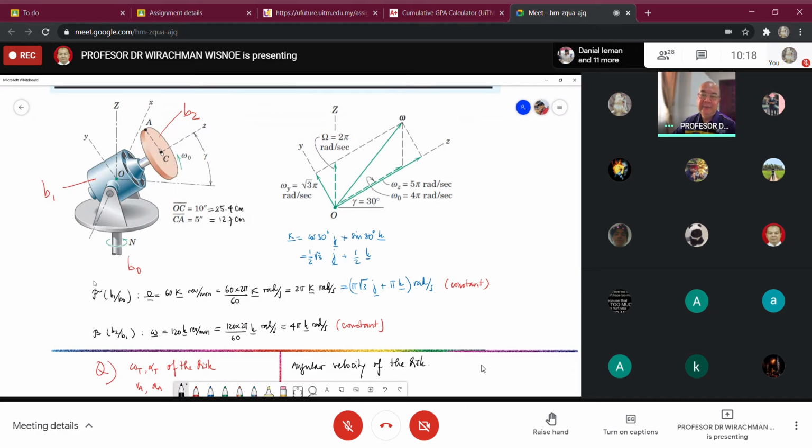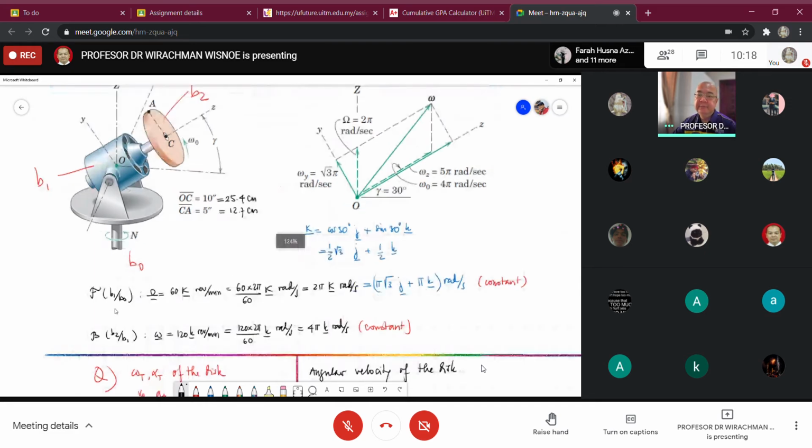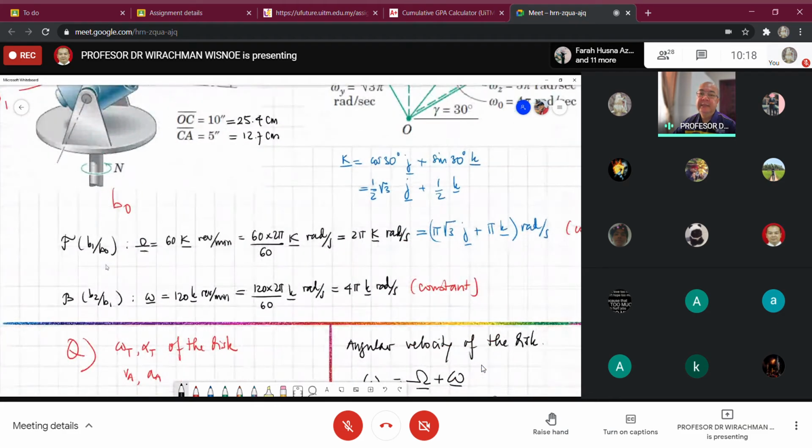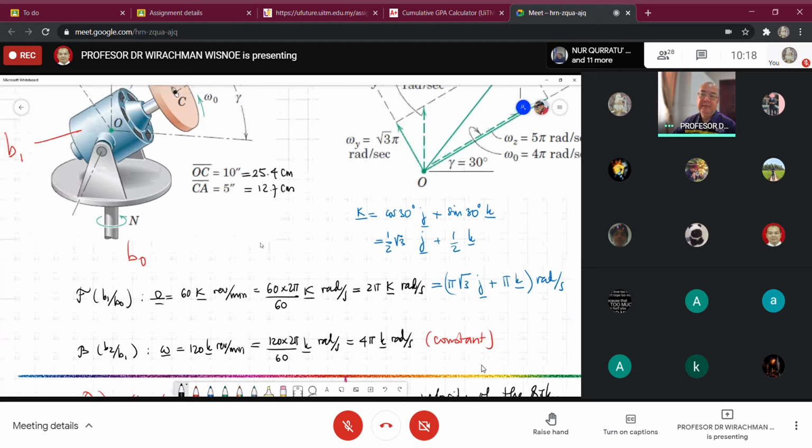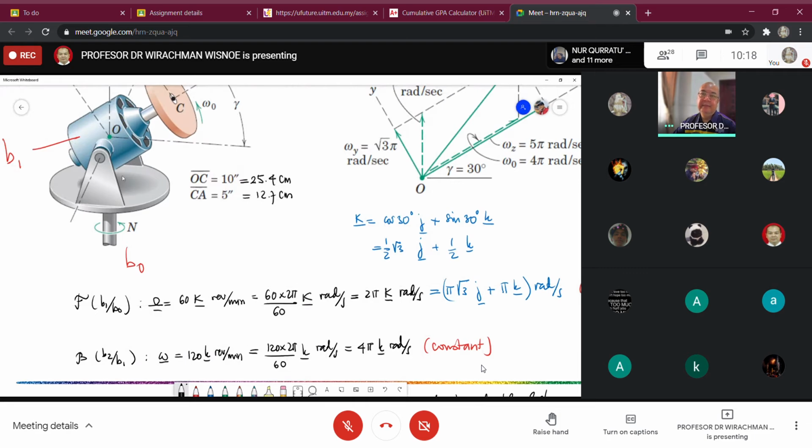One is related to the fixed axis or F frame, where we are talking about B1 with respect to B0. And then the other one is the body axis, a body frame. So this is the moving frame. So the disc is the body frame, and the platform is the F frame.